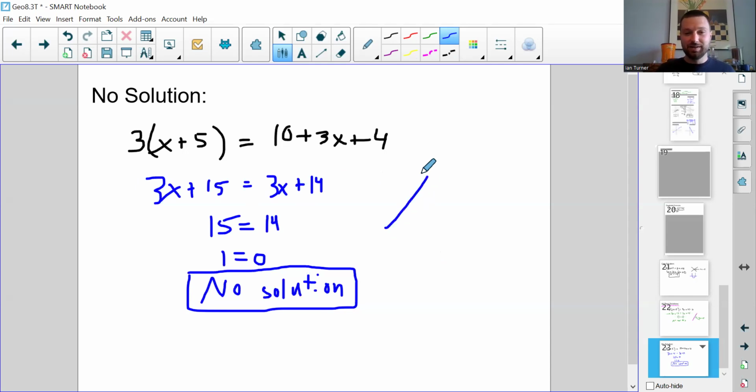Yes, they're parallel. Look at these equations. 3x has the same slope as this one, 3x, but their y-intercepts are different. So they have the same slope but different y-intercepts, which means they're parallel lines. Parallel lines don't intersect. So these two equations cannot have a solution because they don't intersect. That's what's happening graphically, and that's why you get no solution.